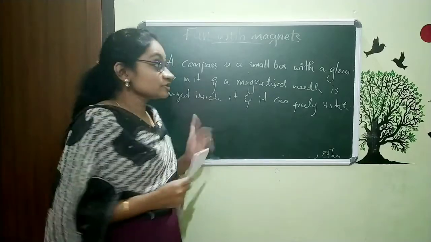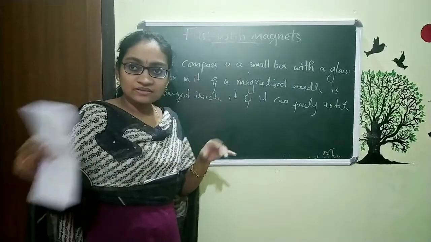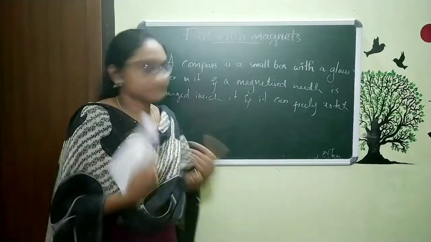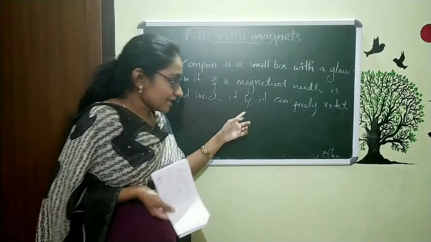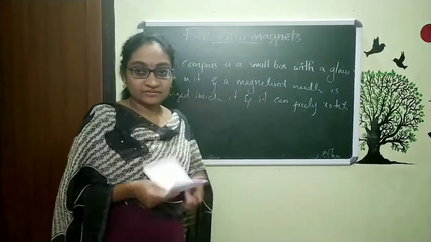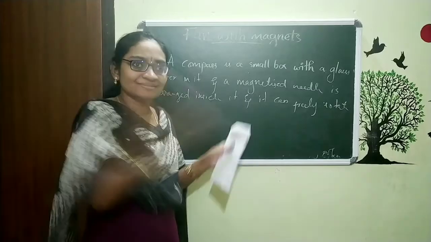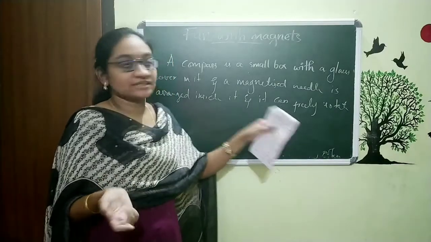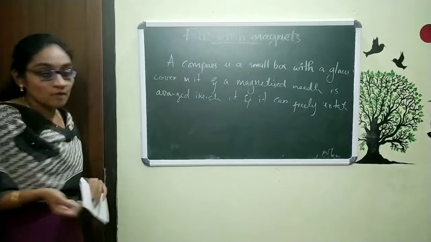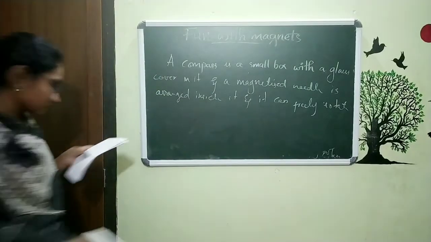Either it is a magnet, or a magnetized needle means we have made it into a magnet. It can freely rotate. If it is still, it's not purposeful. So it is free to rotate. This is the definition of a compass. Very simple. I think it's clear for you.